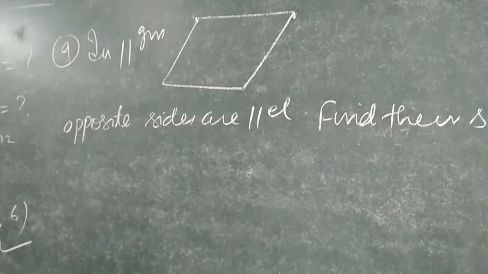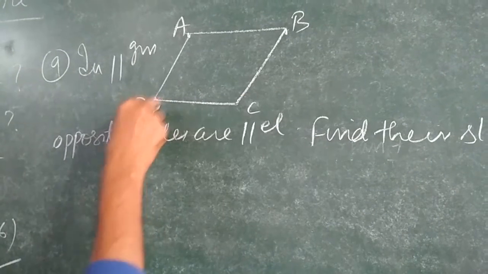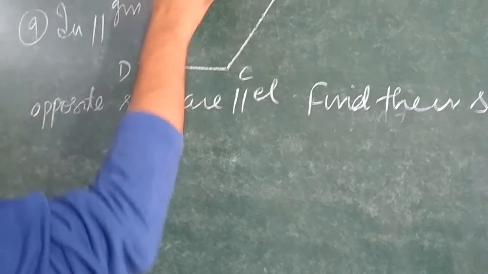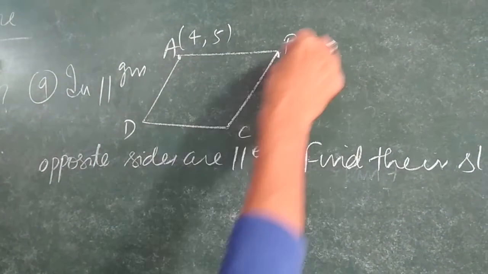Here you have given A, B, C, D. A 4, 5. B is given 1, 2.